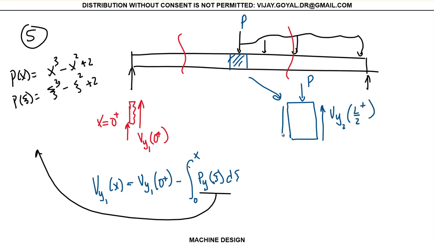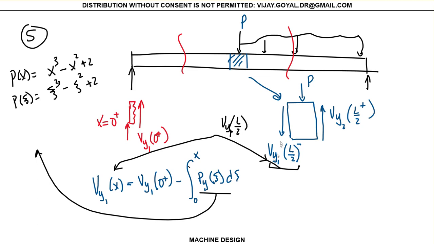We know that this side has to be, by our sign convention, V1 at L over 2 minus. When you're doing this problem and you want to find the value of this guy, it is nothing else than using this, V1 evaluated at L over 2. That will give you this value here. This is the value that we need.